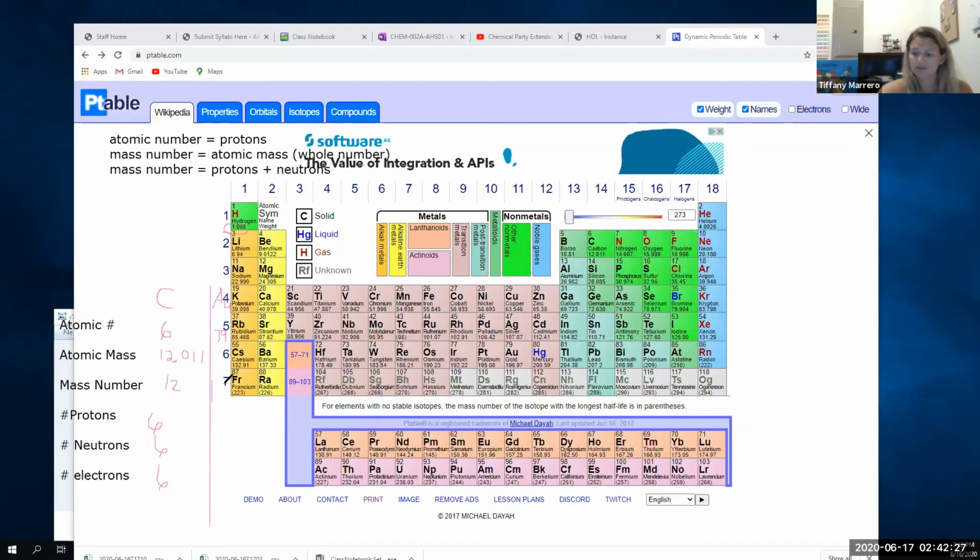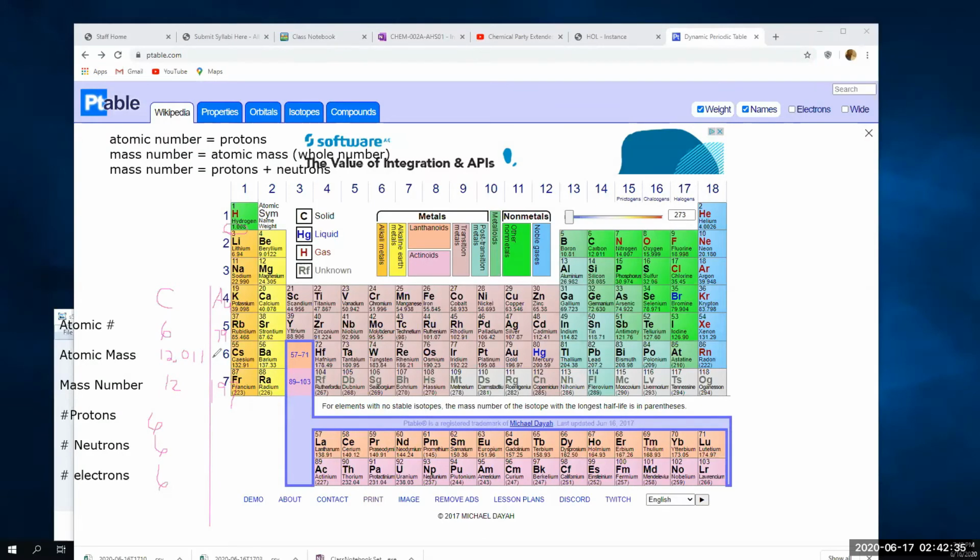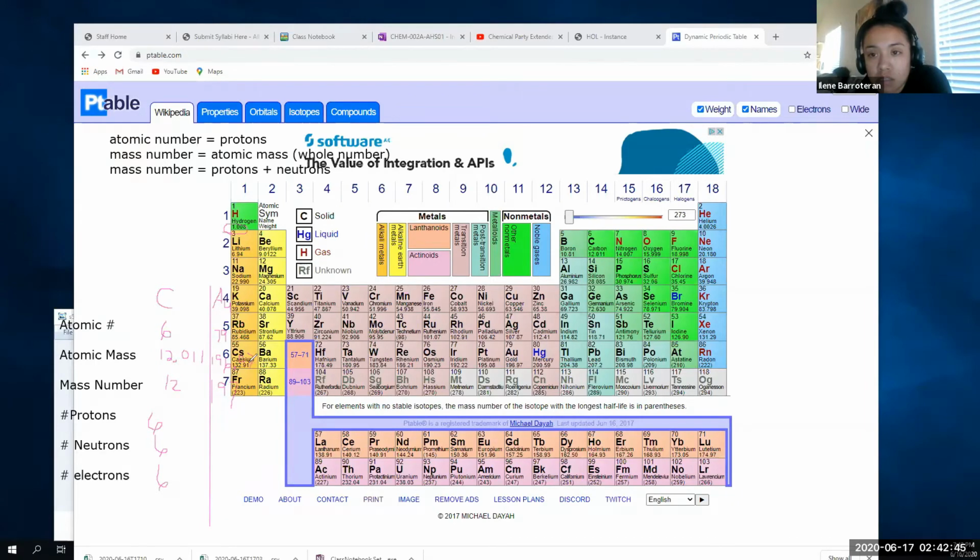That's correct. Oh, I just skipped the atomic mass. The atomic mass is going to be 196.97. The atomic mass is the one with the decimal. The mass number is going to be the whole number.